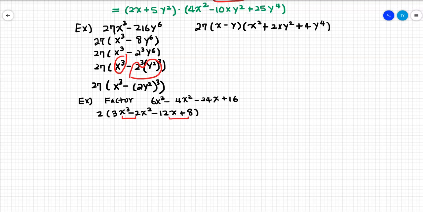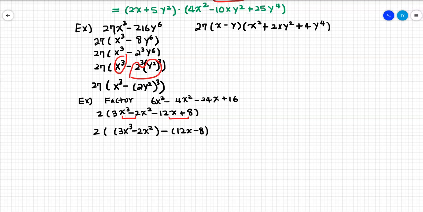So here I have 2 times 3x cubed minus 2x squared minus 12x minus 8. You have to be careful with the sign of it.